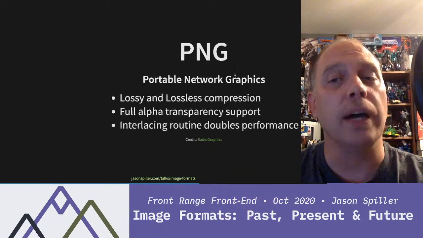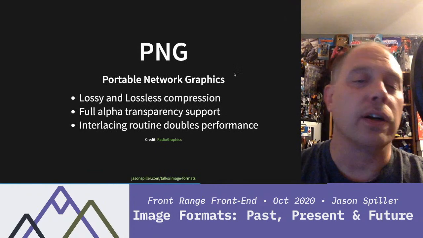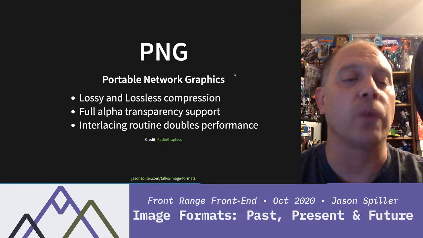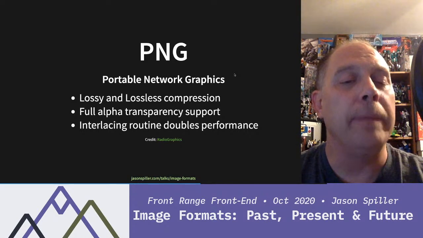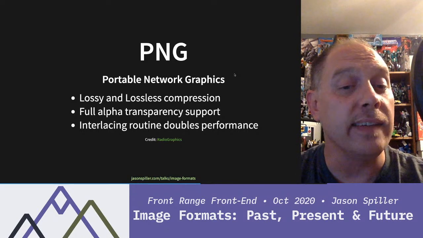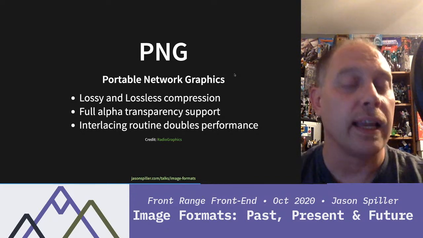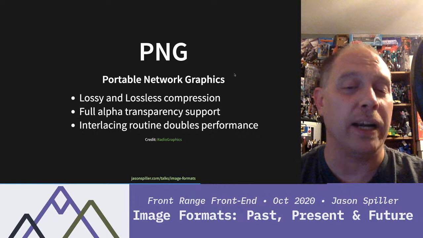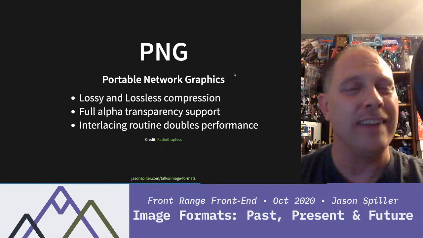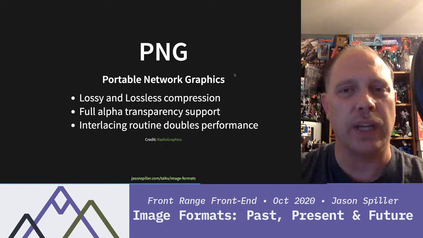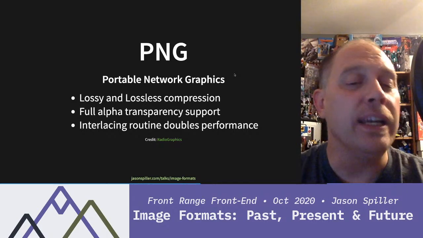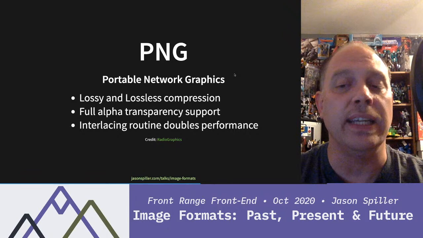But first up is our good old friend PNG, Portable Network Graphics. PNGs can be lossy or lossless. Like I mentioned before, they have full alpha transparency support, so not just that one level. You can have multiple levels of transparency. And their interlacing routine doubles performance.